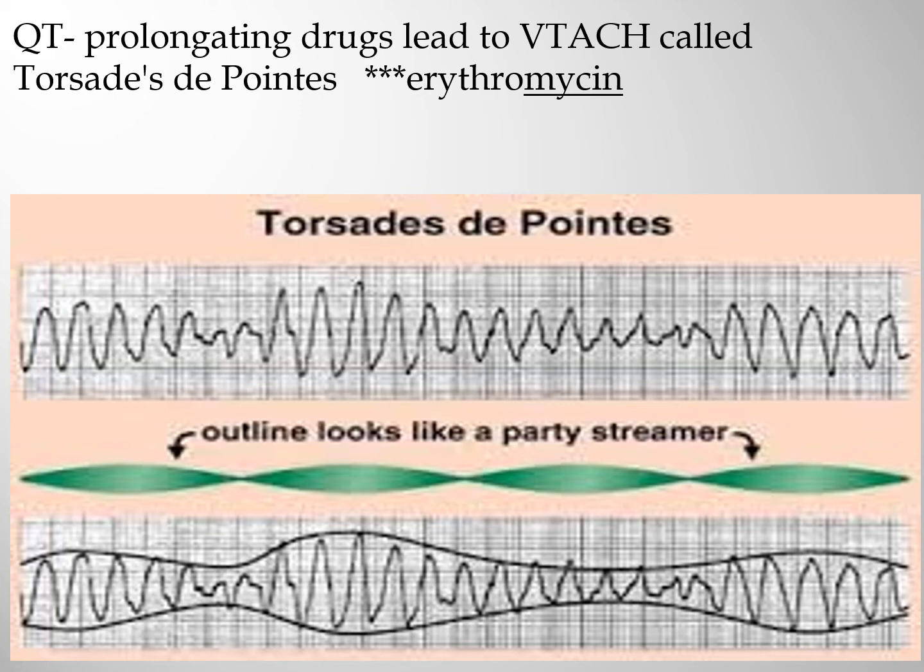And the reason we care is that we use a different treatment. For torsade de pointe, we use intravenous magnesium as the treatment to reverse this. I know that sounds very strange, but that is the number one treatment to reverse torsade de pointe. Or the other treatment is actually to cardiovert them, and that's using electricity to reset the heart and try to put them back into normal sinus rhythm.